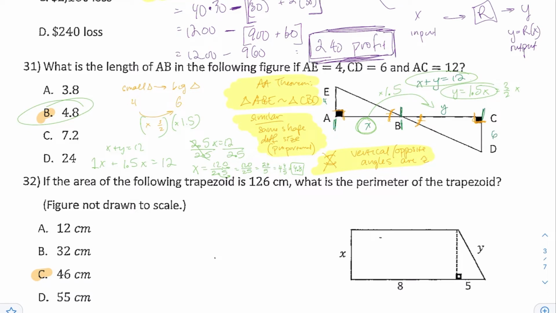And because they're similar, you can set up the proportion by relating the corresponding sides, 4 to 6. So this side of 4 corresponds with the side of 6, and you figure out that it is a 1.5 times ratio. So then you set up your system of equations. x plus y is 12, and y is 1.5 times x, which then allows you to do substitution over here to solve for x as 4.8.